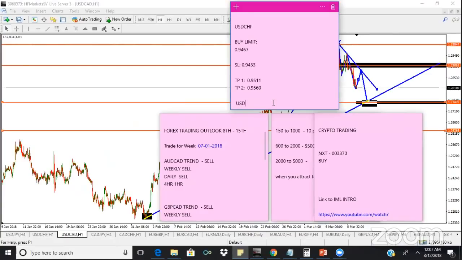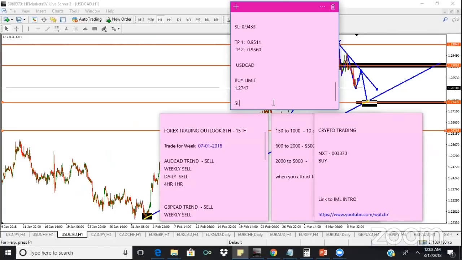US card, buy limit. Because you want to work with the market. If you go away from the market, you're on your own. You want to move with the direction of the market. 4.7.